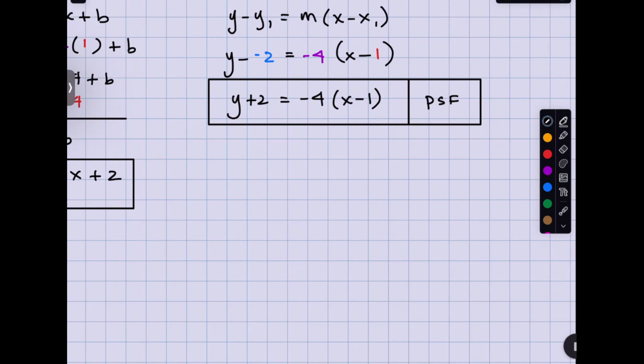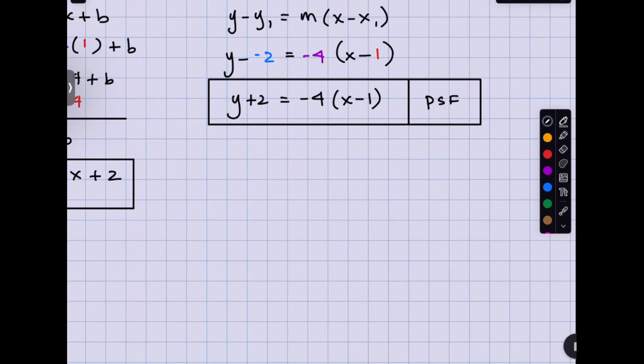Why? Remember what I said, the slope intercept form, since us mathematicians are so good at naming things, right? The slope intercept form gives us the slope and the intercept. This is called point slope form, meaning I should know what the point is and what the slope is.